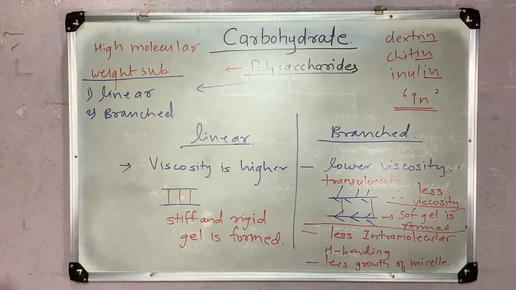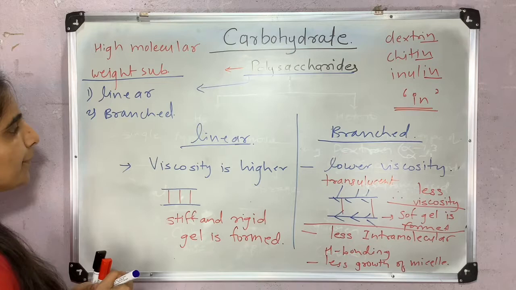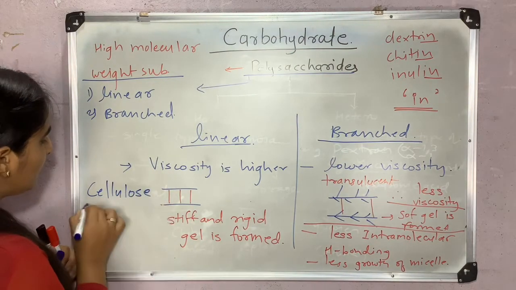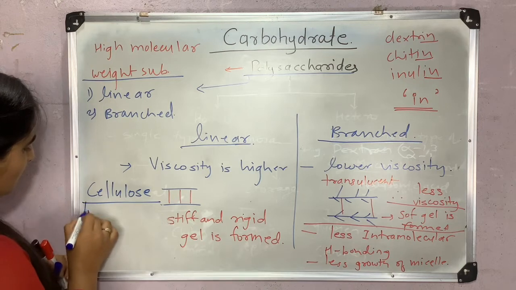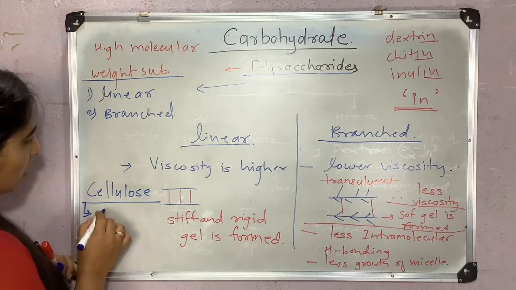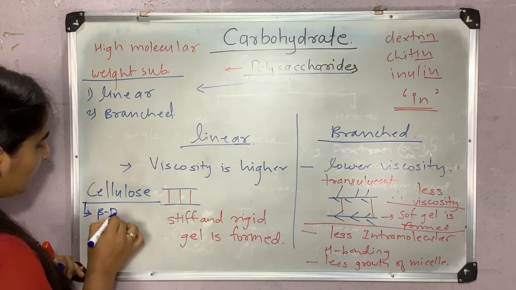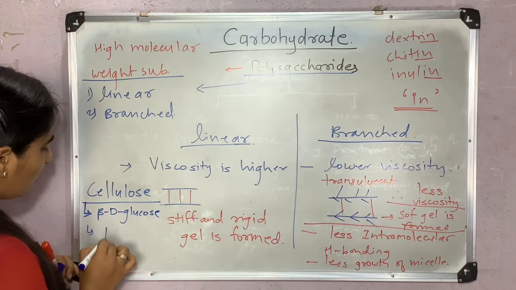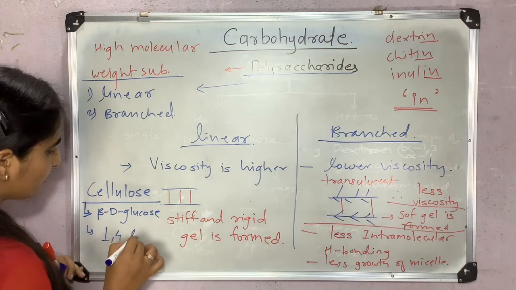Example of linear polysaccharide is cellulose, and the building block or basic unit of cellulose is beta D glucose with 1,4 linkage.